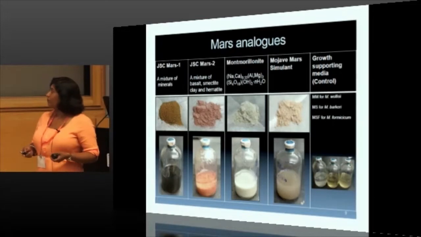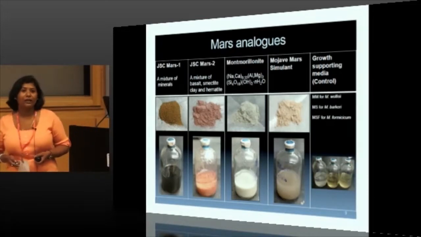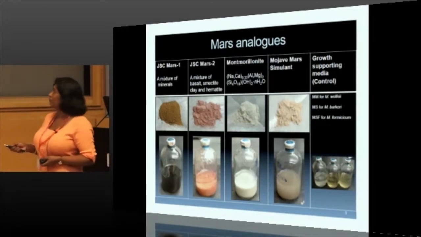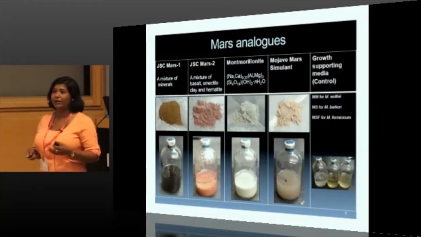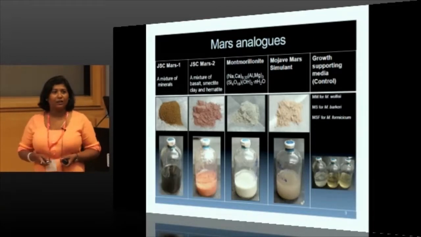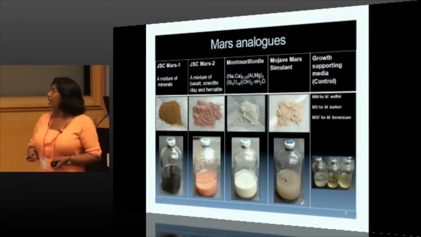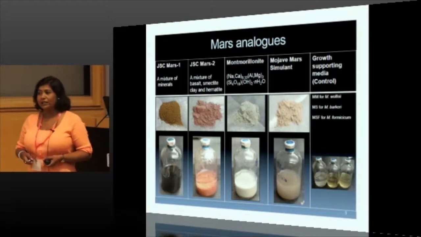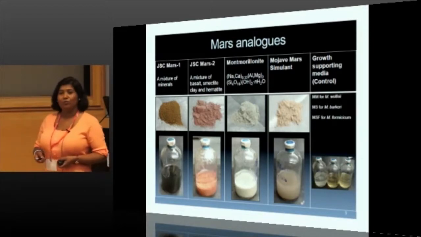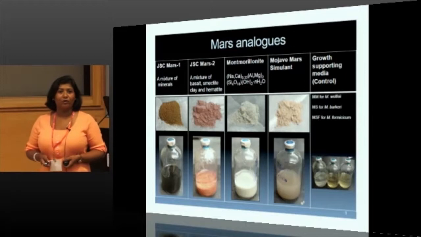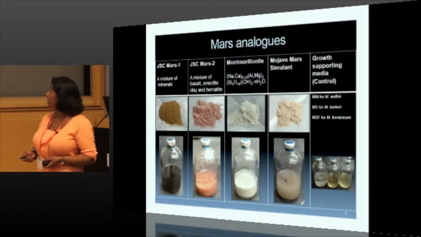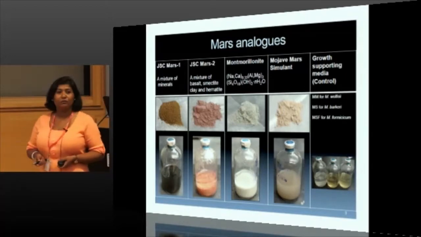For Mars analogs, we use four different types: JSC Mars 1, which is a mixture of minerals with the same chemical and elemental compositions as found on Mars; JSC Mars 2, which is a mixture of basalt, smectite clay and hematite; montmorillonite, which is a type of phyllosilicate clay mineral; and Mojave Mars simulant, which mainly consists of basalt.